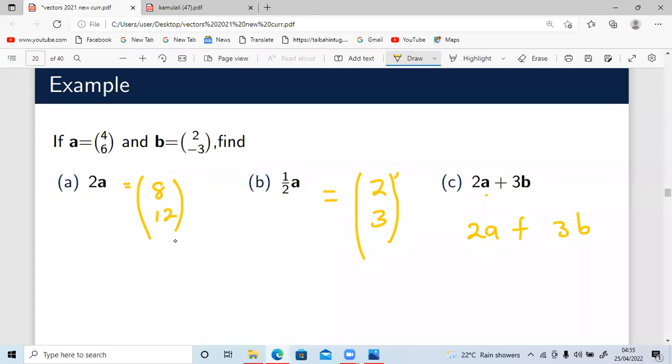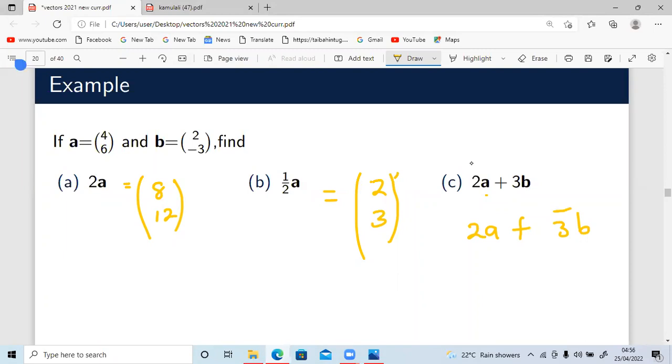Yes, please. Your network is not good. Your network, Precious, is not good. Type in the chat.